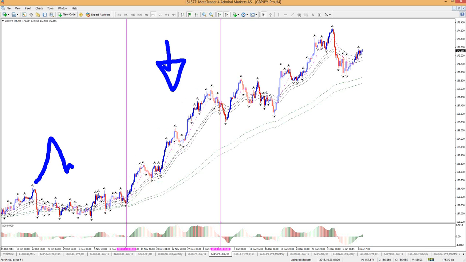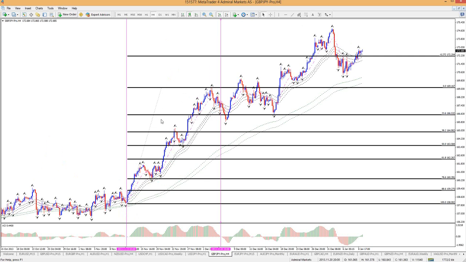Of course, when the oscillator goes back to the zero line in a strong trend, it actually shows that it's a good retracement, right? And it shows that it's a discount to get in the trend again when the oscillator goes back to the zero line. It also shows where you can put the fib. If this is one swing high, swing low, you can put the fib on this particular move, right?